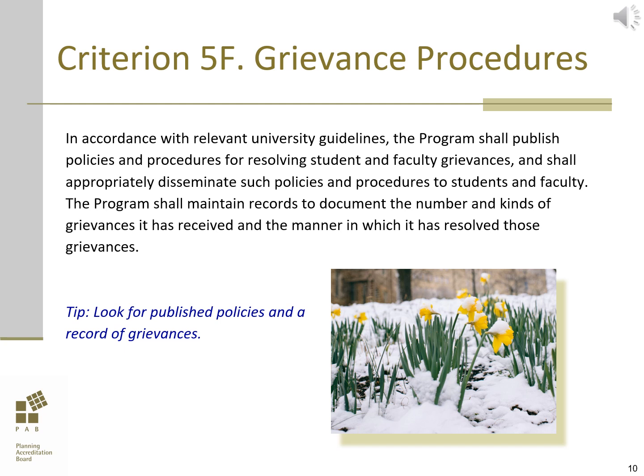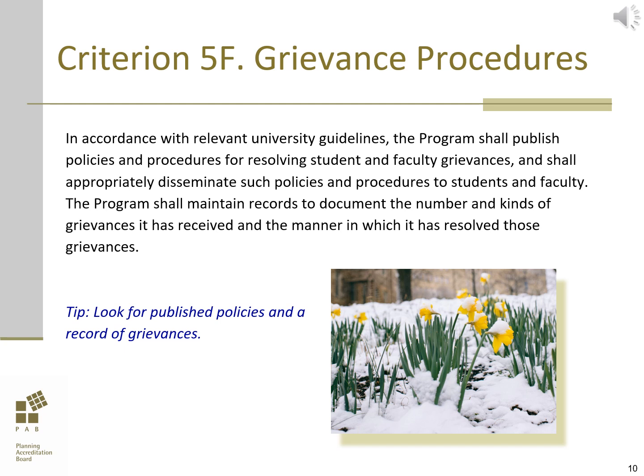This criterion requires that programs publish and disseminate policies and procedures for resolving student and faculty grievances. Programs must also keep records of any grievances and their eventual resolution to demonstrate how an analysis of those records has led to identifying areas of concern and/or potential improvements.